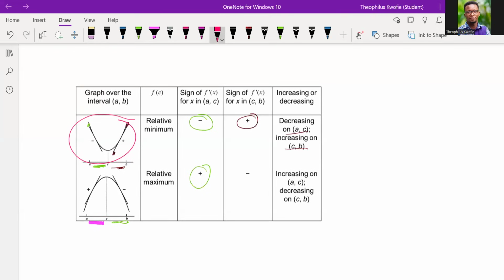And we also see that the slope of the function within the interval CB was decreasing, and that is why we have this minus. And we also mentioned that the graph of the function was increasing within the interval AC, and also begins to decrease within the interval CB. So all of these things, I want to make sure that we understand it so that we can solve problems. Is that okay?